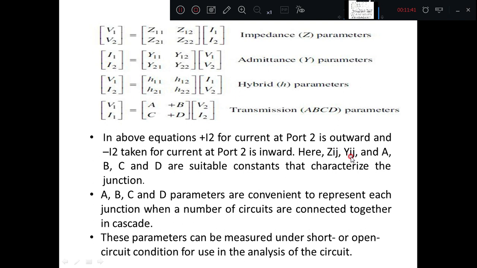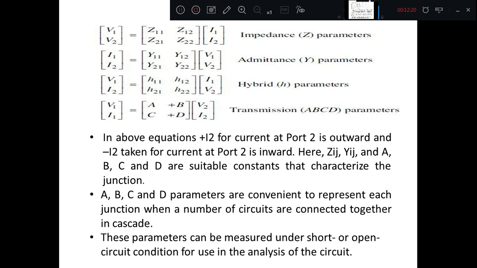And Zij, Yij, and ABCD are suitable constants that characterize the microwave junction. Compared to Z parameters, admittance parameters and hybrid parameters, the ABCD parameters or transmission parameters are more convenient to represent any junction whenever a number of circuits are connected together in cascade, that is, networks connected one after another, one two-port network connected to the next, and so on.